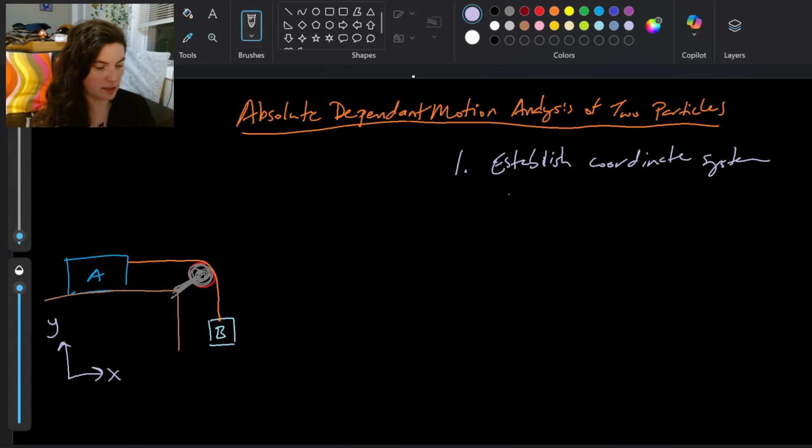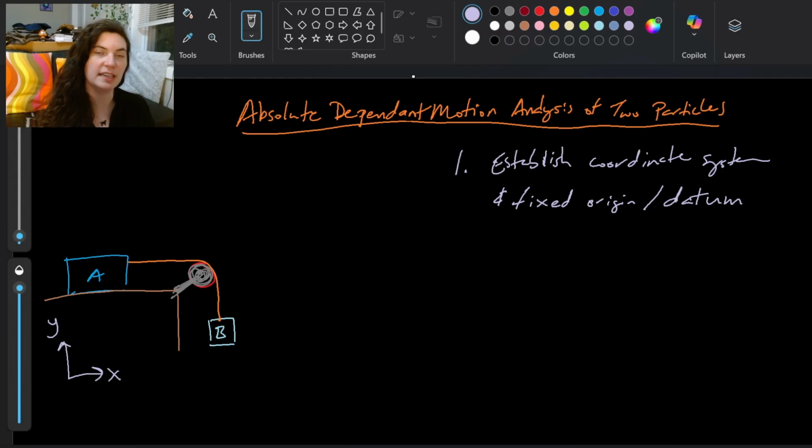So establish a coordinate system and a fixed origin, or a fixed reference, or datum. A fixed origin to work off of, or some kind of datum from a fixed point. A point that's not moving relative to A and B, because A is moving, the rope is moving.